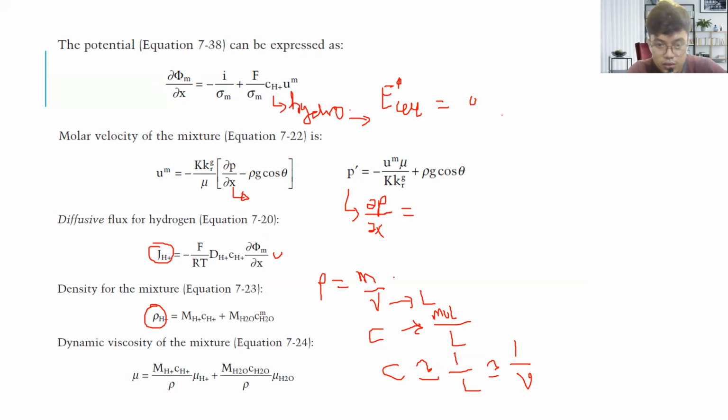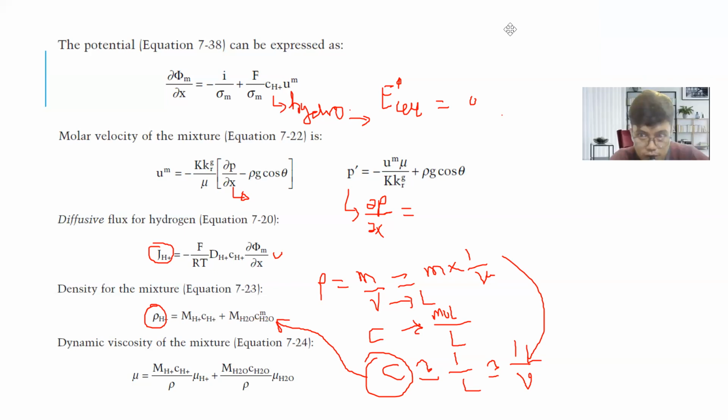So this is the molarity, the mass of the mixture, multiplied by 1 over volume. 1 over volume is equal to concentration. So the formula is the molar mass multiplied by the concentration.